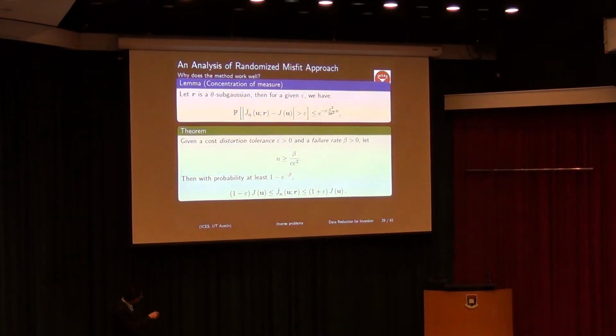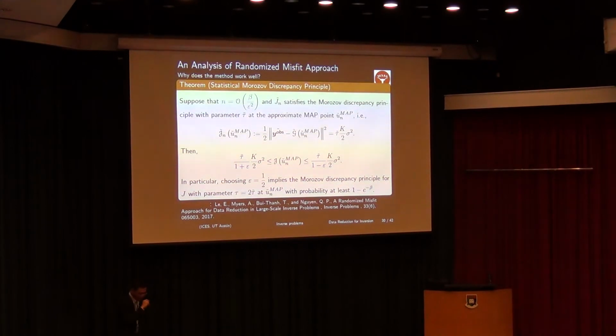And as you see, this is a lower bound. We can show that there's a lower bound on the reduced dimension, independent of the original data dimension, such that I'm epsilon away from the cost function. In particular, we can prove a statistical Morozov discrepancy principle. The Morozov discrepancy principle says, let me repeat, you want to solve until your error is about the noise. What we show here is that we look at the reduced data problem and solve it to get the solution.